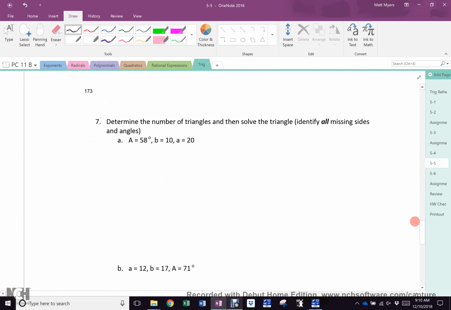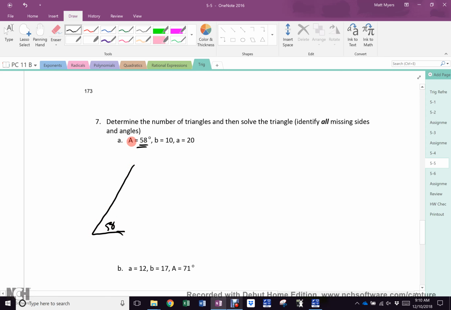So 173 we should be on right now. Notice I'm not using 30 anymore. So what does that mean we have to do? We actually have to do some math, right? We can't just do it in our head. But does the method change? No. So we start with an angle we know. How big is this angle right here? 58, right?